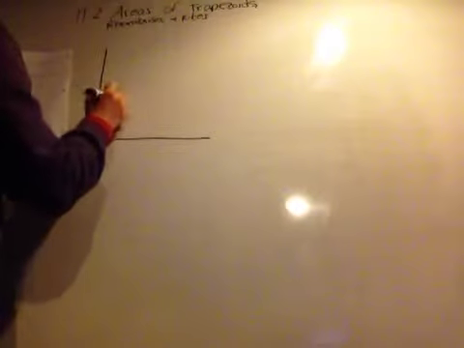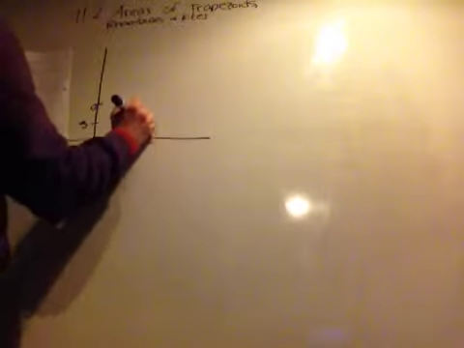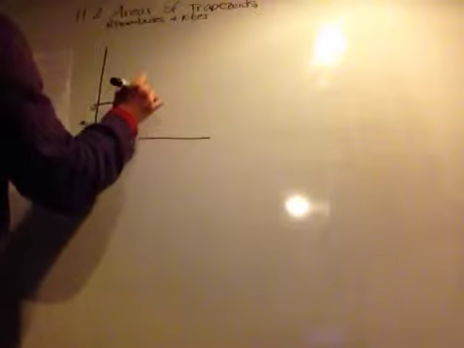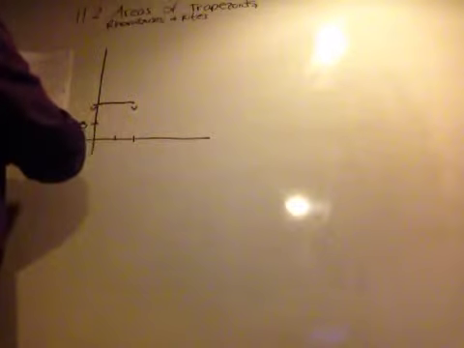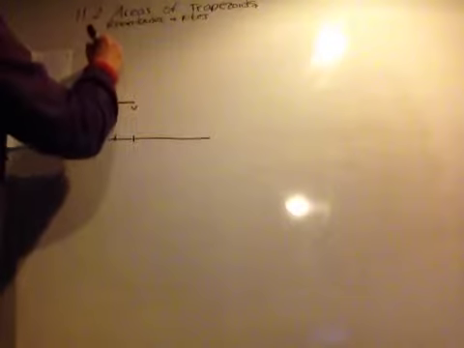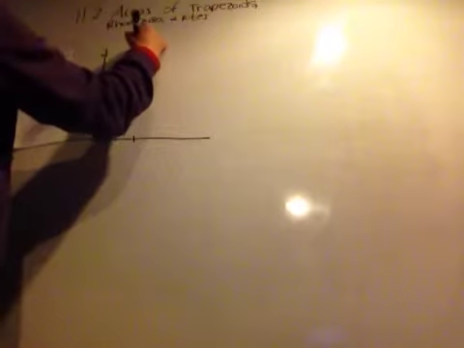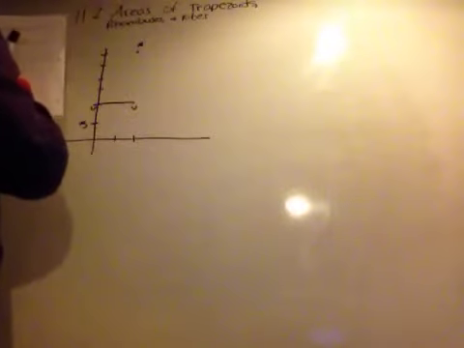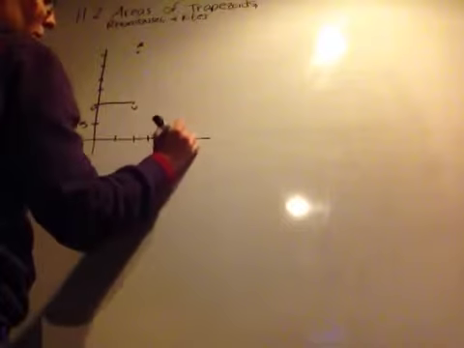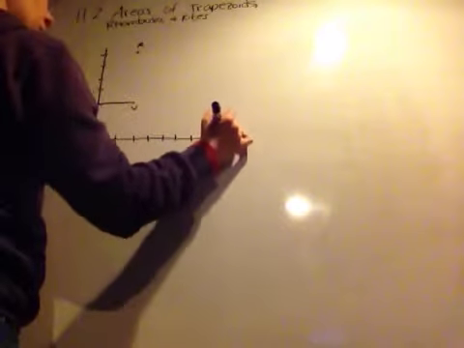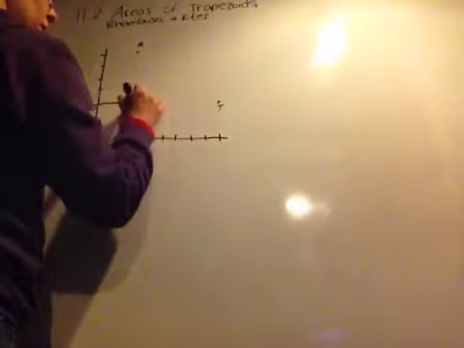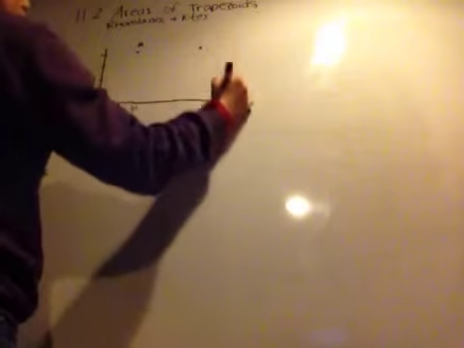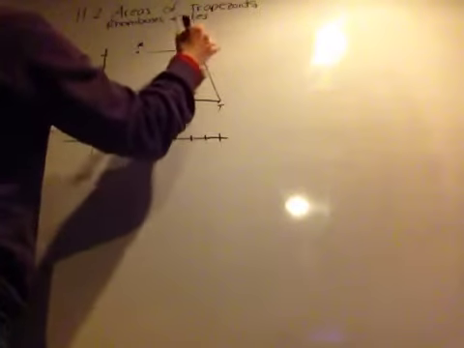So this is U, V, R, and this is going to be T, and then S here.